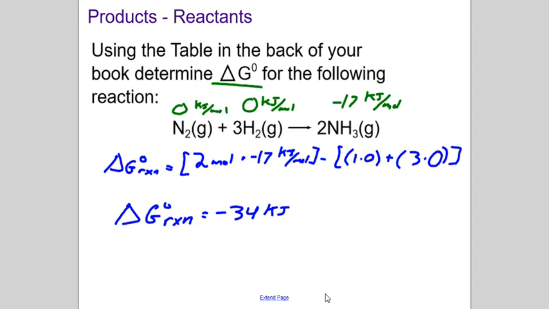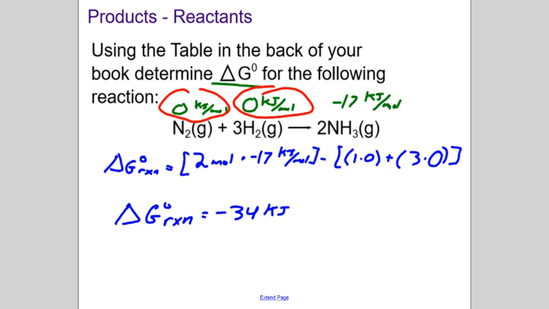So looking at this one, we have this reaction between nitrogen gas and hydrogen gas to make ammonia. Again, since these are elements in their natural state, then we now have 0 values. So because we have nitrogen gas, hey, we have a 0 value here. Hydrogen gas, 0 value here. So really the only value here is the product.